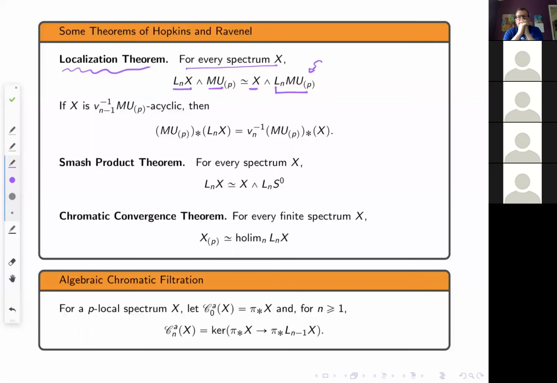A consequence of this is that if X is Vn minus 1 MUP acyclic, which means the homology for this theory vanishes, which is the same as En minus 1 star of X is 0, which is the same as K(n minus 1) star of X is 0, then the MUP homology of Ln of X really is just inverting Vn minus 1, inverting Vn.